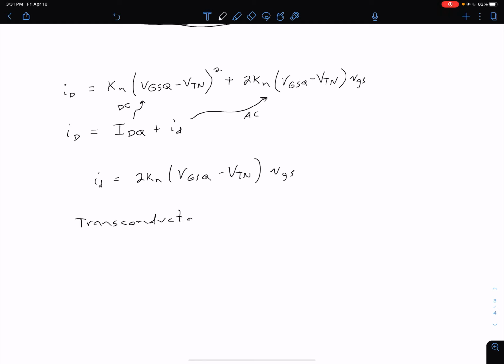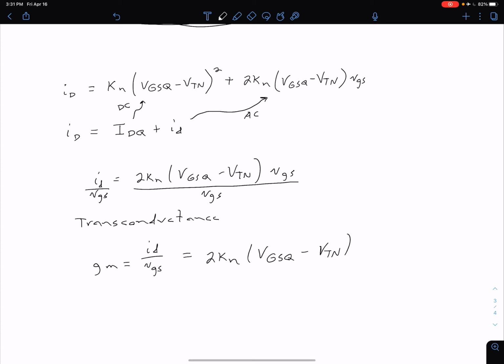Our transconductance is defined as gm, and in general gm is going to be id over lowercase vgs. From this equation we just divide both sides through by that lowercase vgs, which cancels it out on the right, and we see that gm is just equal to 2Kn times VGSQ minus VTN.